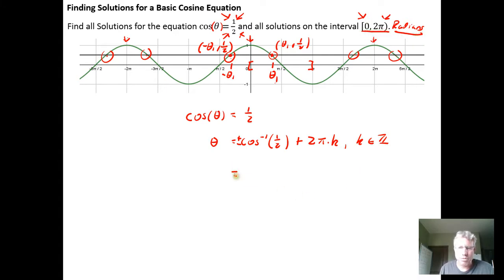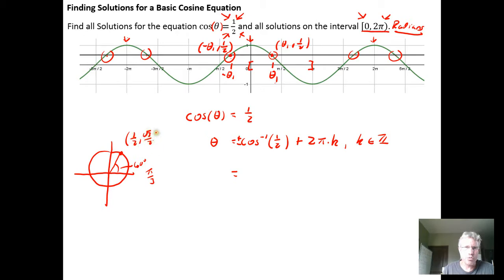And then we need to look at this and say, hey, 1/2 is a special angle. So I actually know the special angle that generates that side ratio. If I'm looking at the unit circle, if I go to 60 degrees or pi over 3 radians, that's going to correspond to the ordered pair 1/2, root 3 over 2.